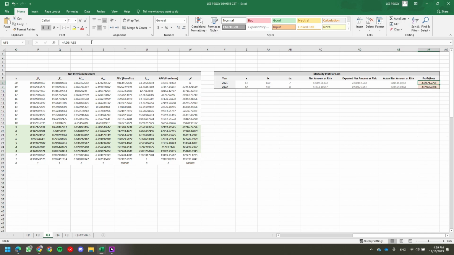To calculate profit or loss, we subtract the actual net amount at risk from the expected net amount at risk. We get both values, and we can see that for both years we are at a loss because the value is negative.